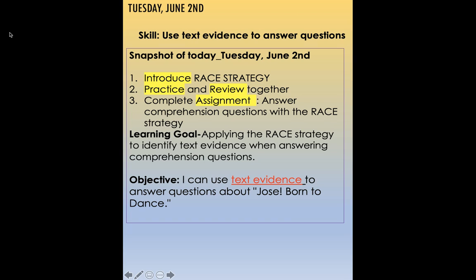All right. So our goal is to apply the RACE strategy to answering all comprehension questions, not just when told, right? So anytime there's a question for something, you guys should be using the RACE strategy to always answer. And it says, I can use text evidence to answer questions about Jose Born to Dance.